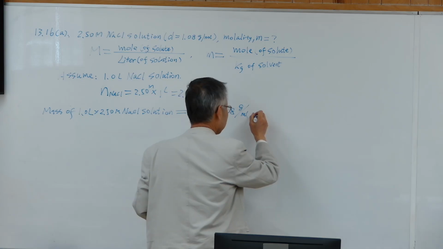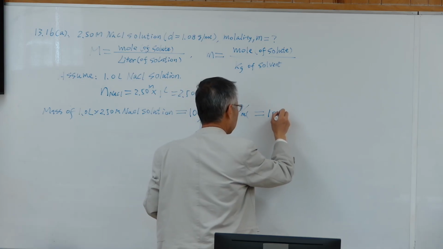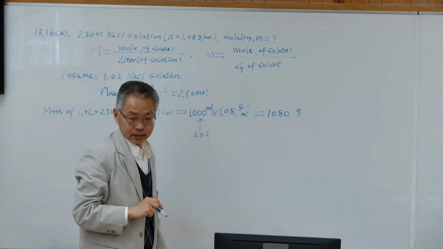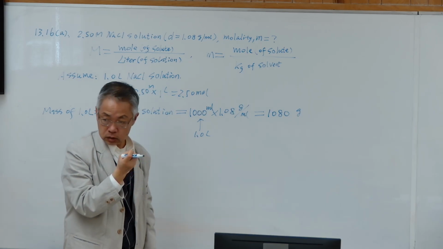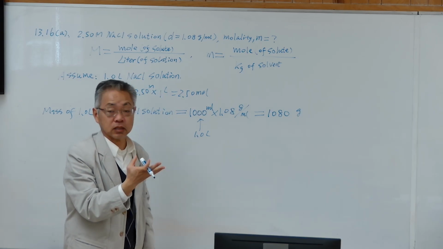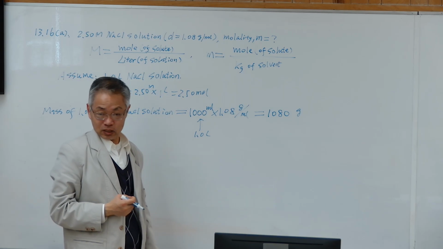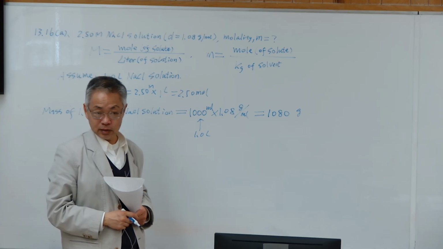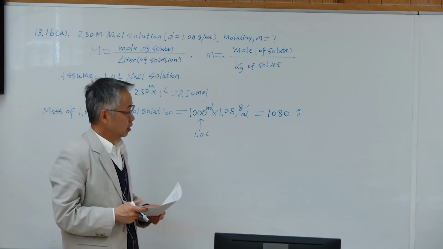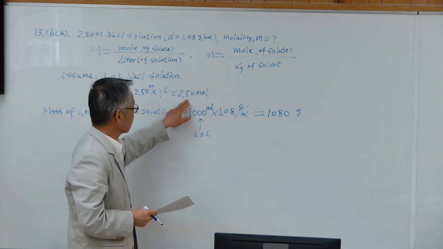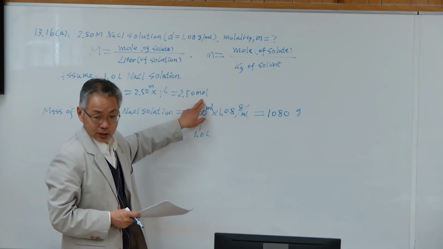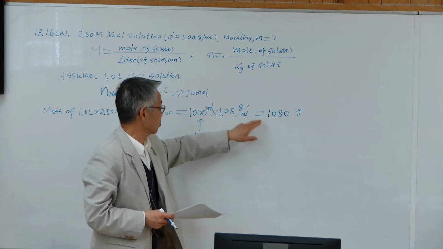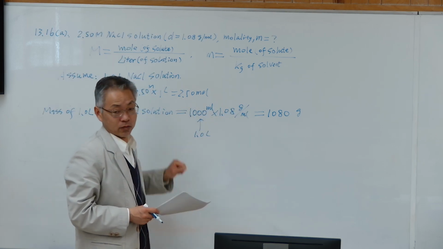So the mass of solution is 1080 gram. This includes sodium chloride plus water, right? Solution is solvent plus solute. And for solute, we already know moles, so we can figure out mass. Then solution mass minus solute is solvent.